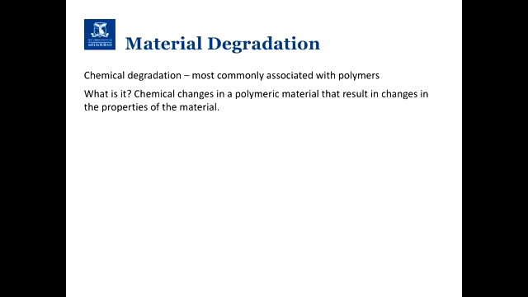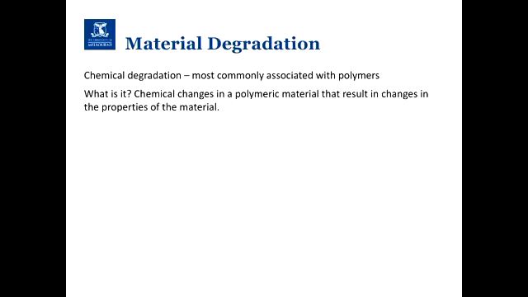So chemical degradation, it most commonly occurs with polymers. I'm not saying it's not going to occur with ceramics or metals, but it is most commonly associated with polymers. So what is chemical degradation? It's the chemical changes of, I've kept polymeric material, that result in changes in the properties of that material. Is it desired?